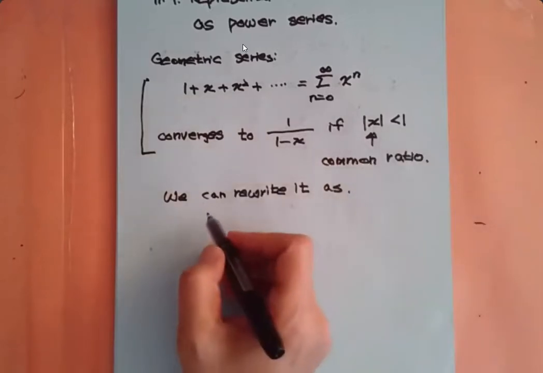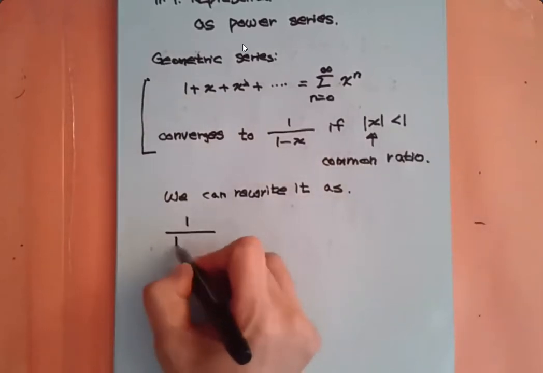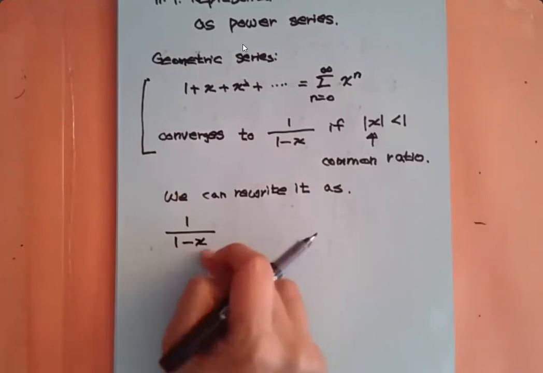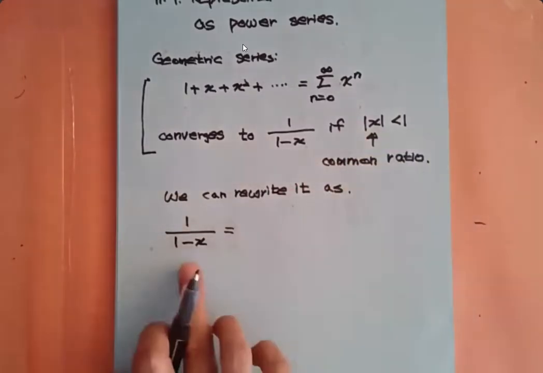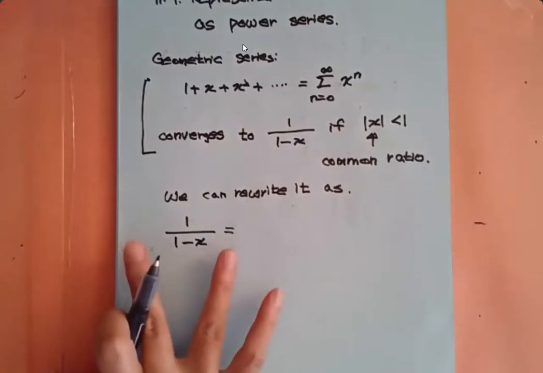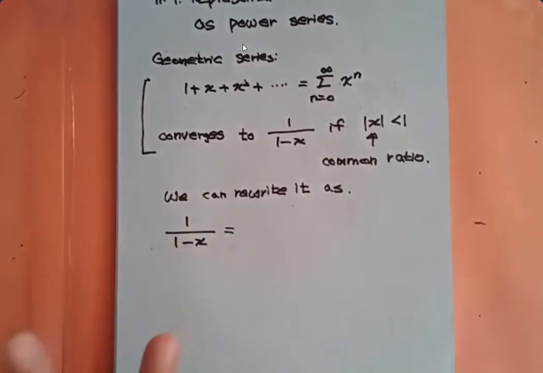X is an unknown number, and this 1 over 1 minus x can be regarded as a function.